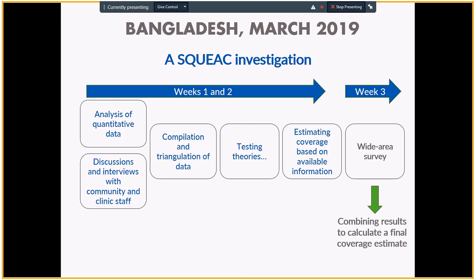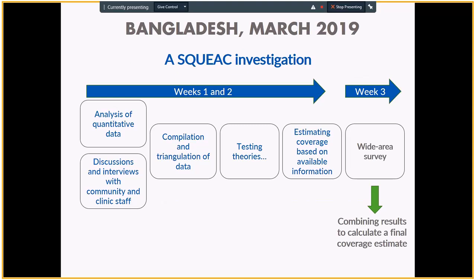So the SQUEAC survey essentially is a 3-week process where we go through a bit of an analysis of data to start with. We have a big series of discussions and interviews with community and clinic staff. We compile and we triangulate data, so we're constantly trying to find links between the data that we find.